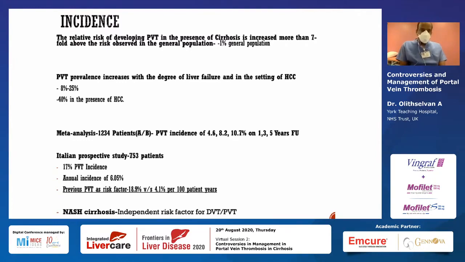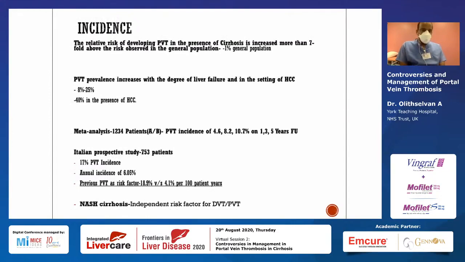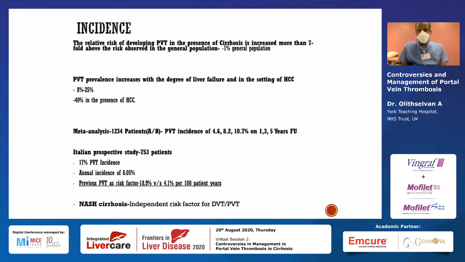Again, what is very clear is that portal vein thrombosis increases as the degree of liver failure increases, and more so when you have an HCC. So it can be anything from about 6-8% to 25%, and higher in HCC patients. A meta-analysis has shown that if you follow patients for a longer duration, you get more incidence. So basically, as the disease progresses, you have more incidence.